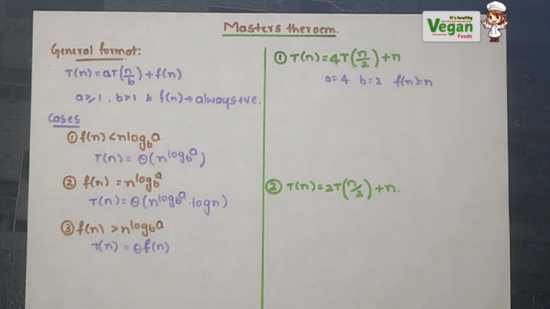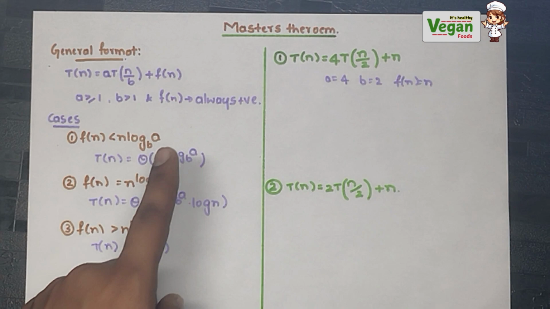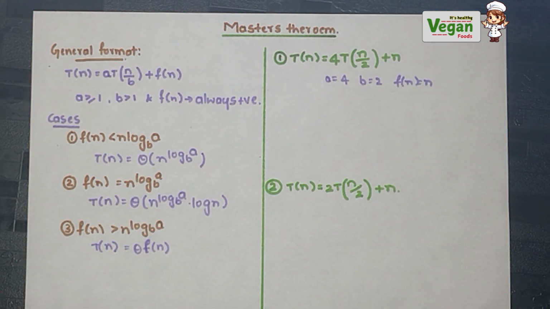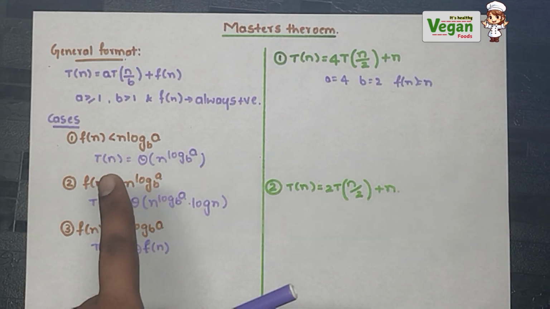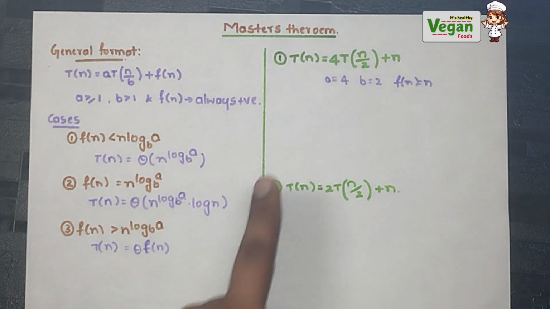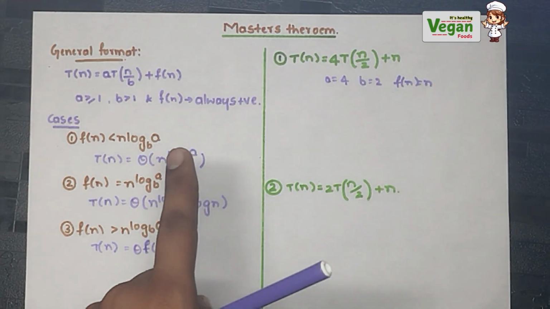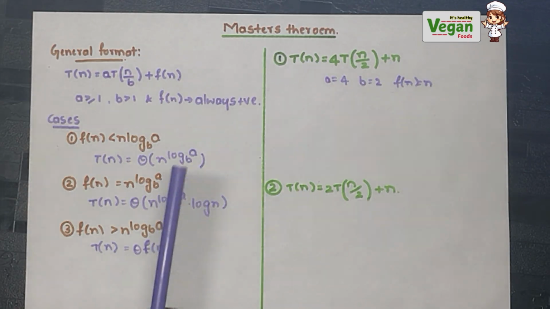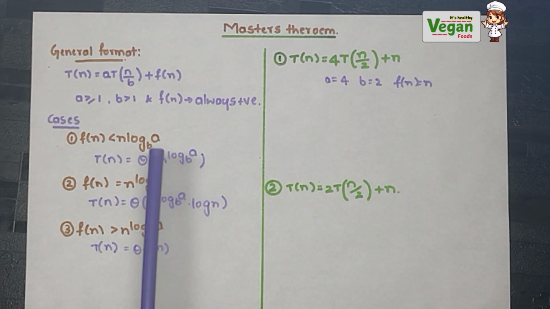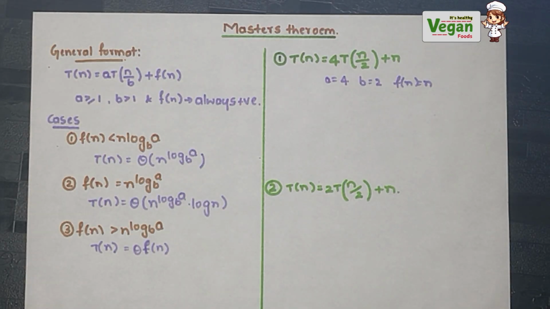If f of n is less than n power log a base b, then T of n is written shortly as theta of n power log a base b.